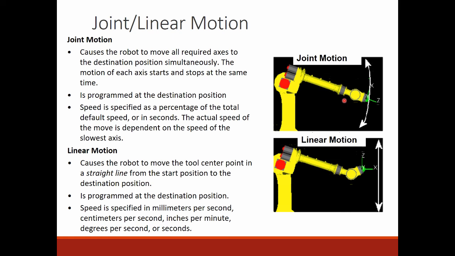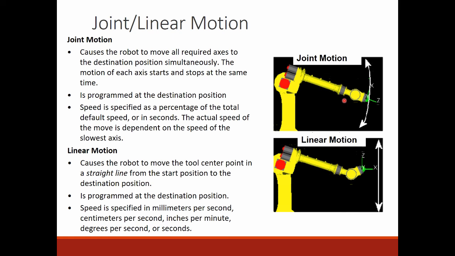The motors will all turn at a rate that matches the slowest axis to get to that desired position. So the robot during a joint motion can be somewhat unpredictable in terms of the path that it will follow in getting to that target position.